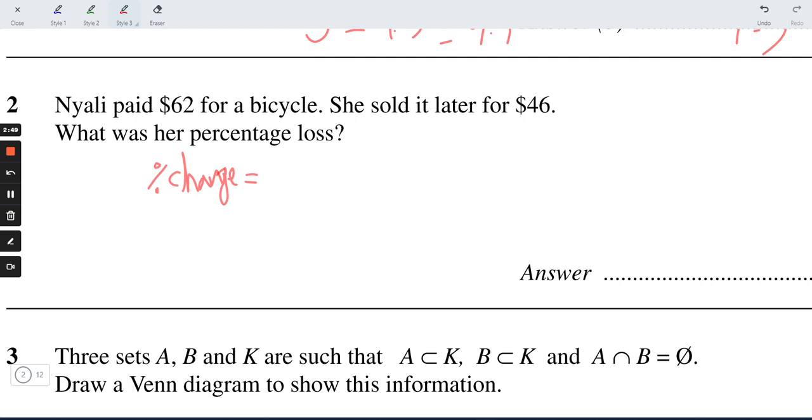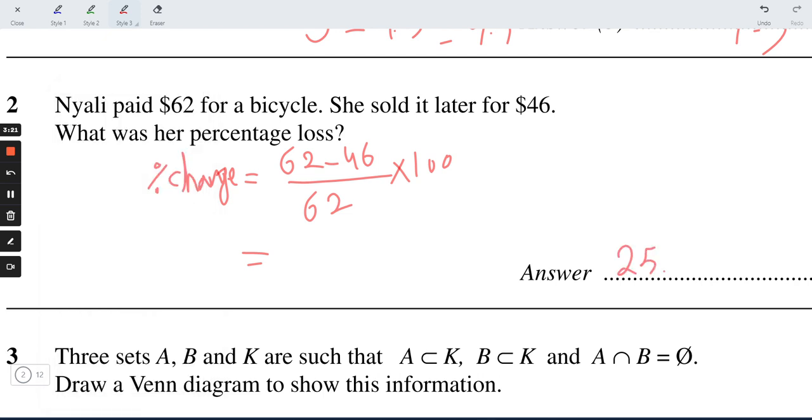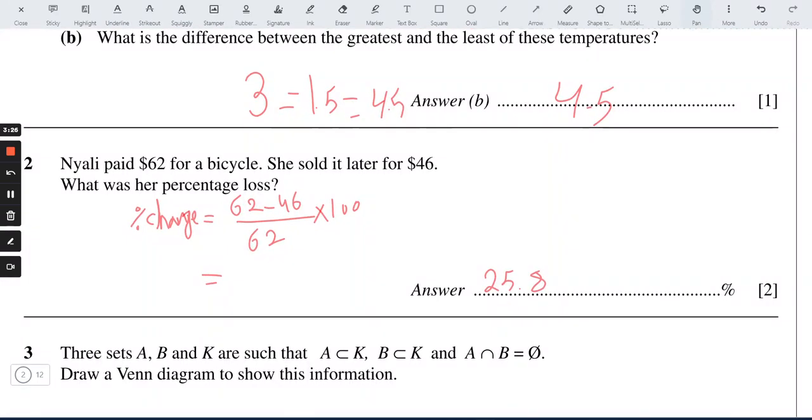equals the original price, which is 62, minus the new price, 46, dividing it by the original price, then multiplying by 100. Using the calculator, 62 minus 46, dividing by 62, then multiply by 100: 25.8, sorry, 25.80645.